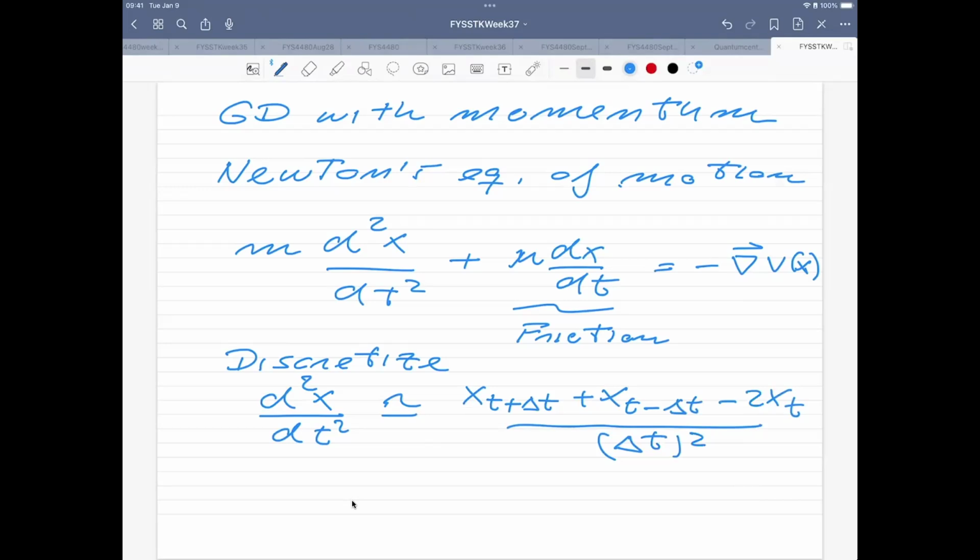And then we have another famous formula for the first derivative, dx dt, which we approximate with x of t plus delta t minus x of t, divided by delta t. This is probably something you have heard under the name of a famous mathematician.